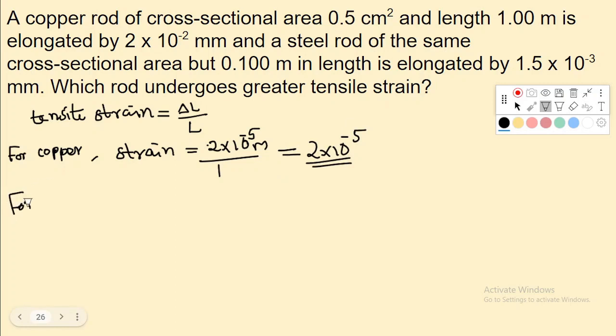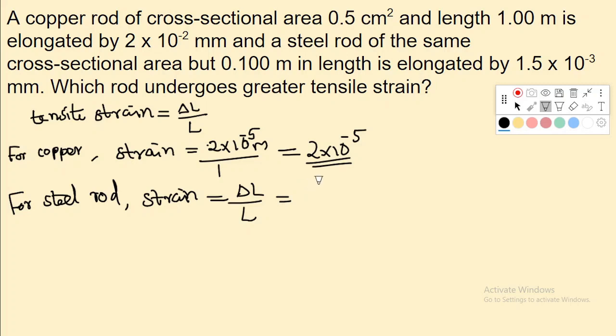For the steel rod, which has the same cross-sectional area as that of the copper, the strain is equal to delta L by L. Here the elongation is 1.5 into 10 raised to negative 3 millimeter.